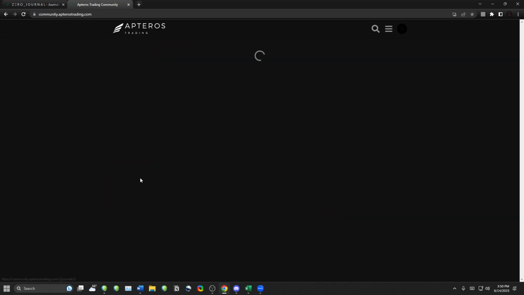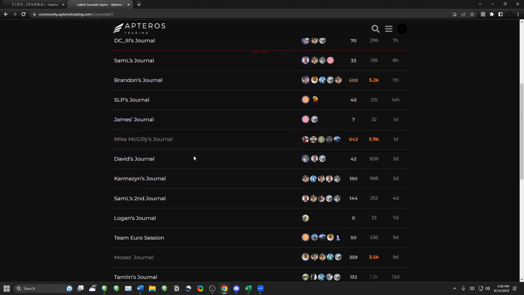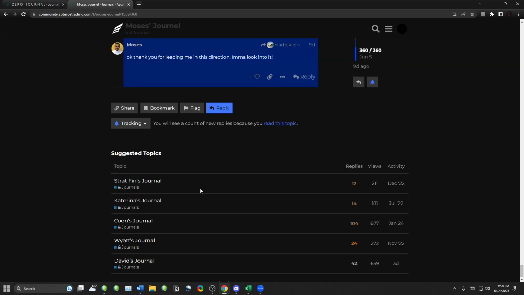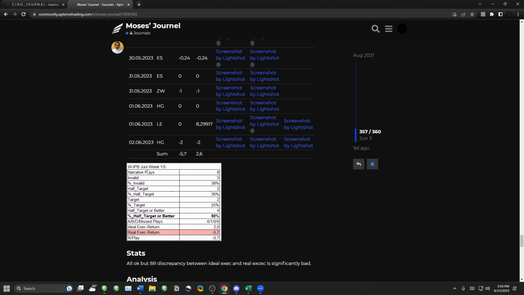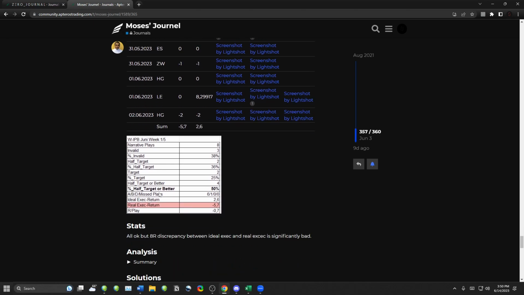Moses was doing a good job of that as well, and he was starting to break down a lot of his narrative plays by specific setups, right? He had extreme fades, he had IPBs, mainly filtered through the weekly and things like that. And then, of course, he was tracking the hit rates of the narrative plays himself, and his execution model and all that stuff.